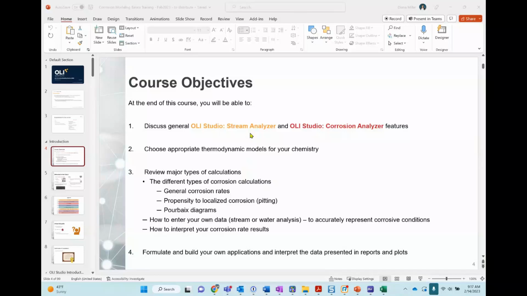You cannot do any corrosion calculations if you don't have access to the Stream Analyzer, because you need to understand the properties of the bulk solution. The Stream Analyzer gives you everything related to the bulk solution.